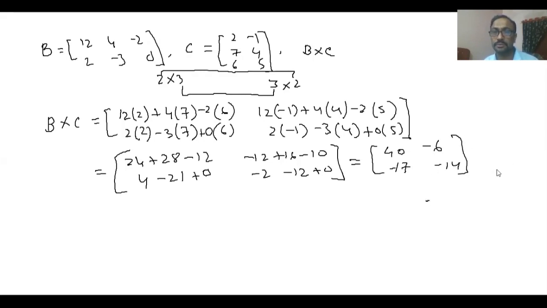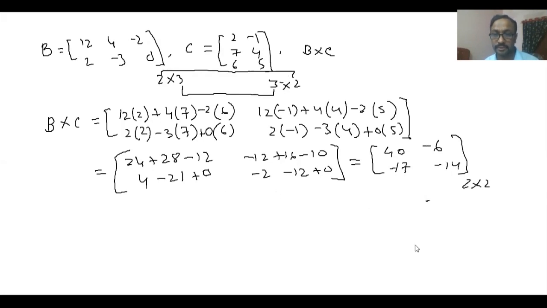See, the order of this matrix is 2 by 2. As I told you, these two things are telling you the dimension of the resultant.